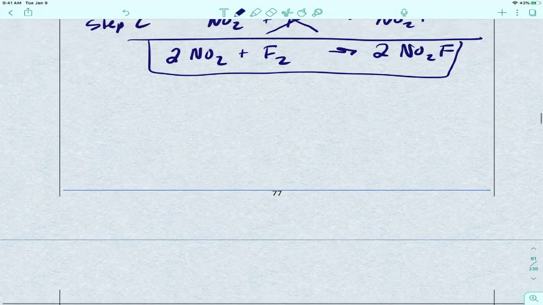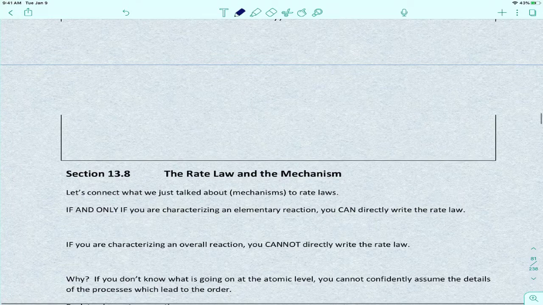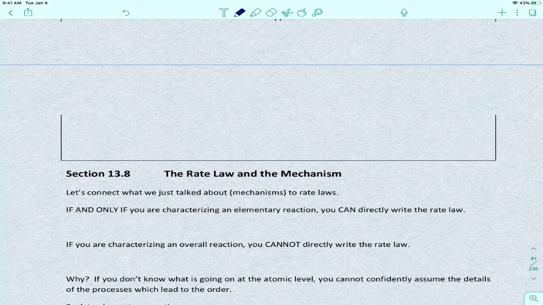Now that's all well and good, but let's see how this stuff that we're talking about now connects to all the rate law stuff that we talked about before. So if and only if you are characterizing an elementary reaction, you can directly write the rate law. All right. But if you are characterizing the overall reaction, you cannot directly write the rate law.